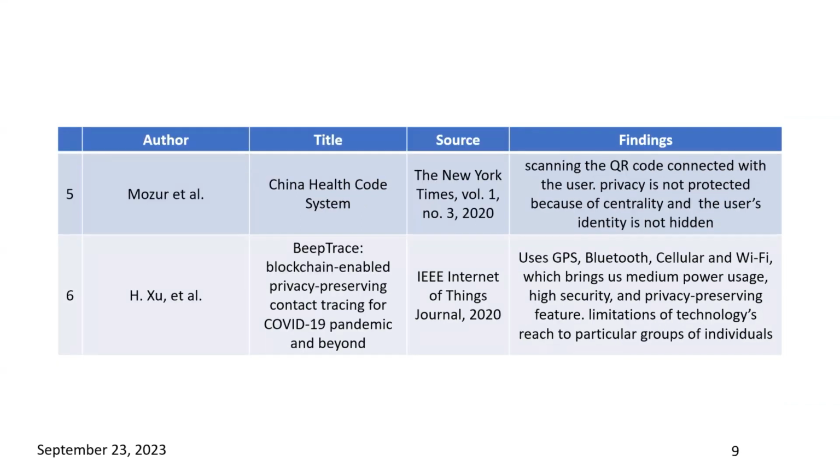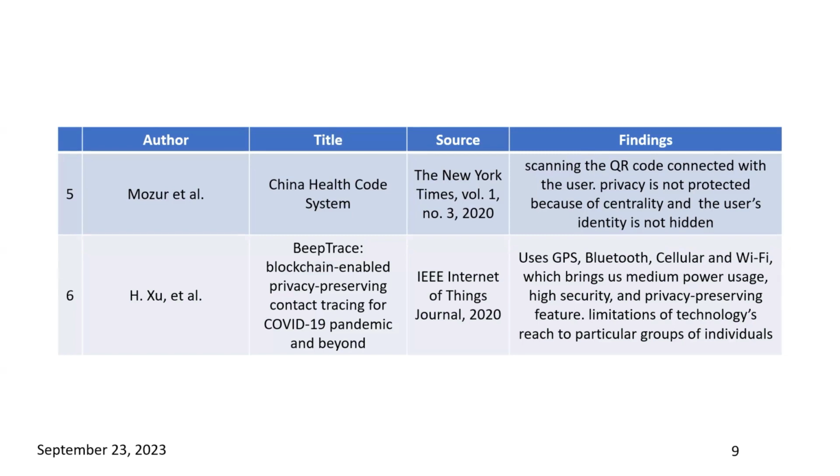China Health Code works by scanning a QR code connected with the user, but because of the centralization of the system, the user's privacy is not protected and the user's identity is not hidden from the authorities.